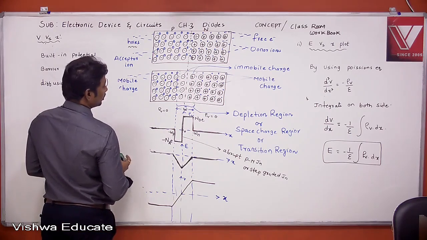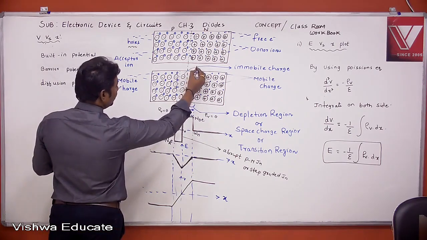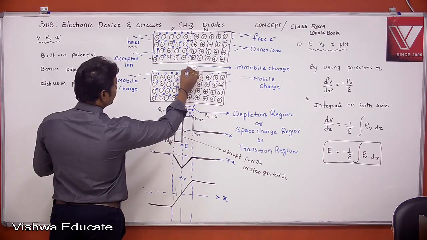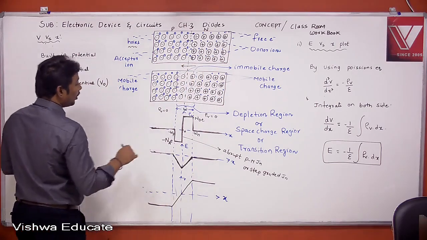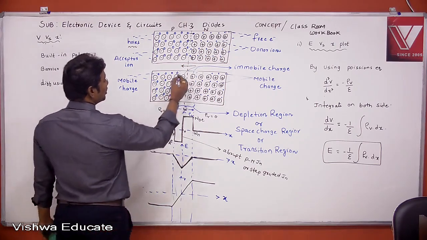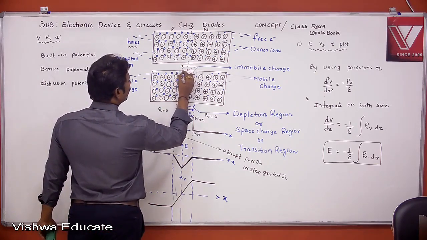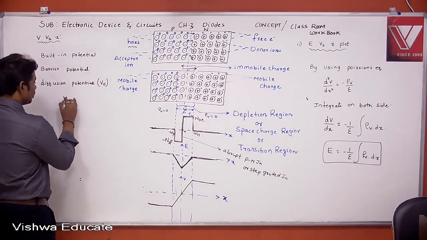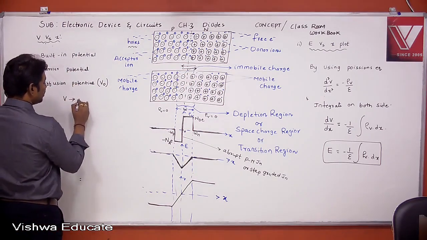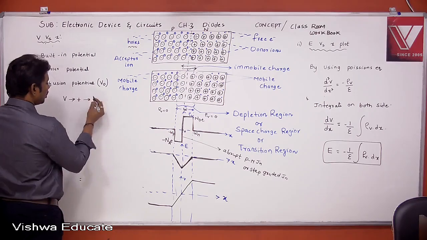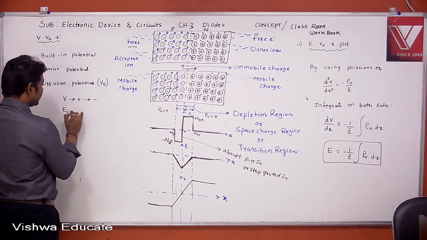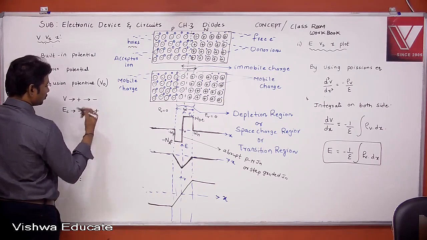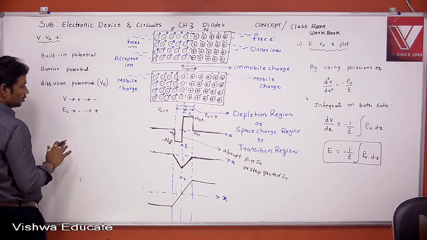In open circuit condition, the direction of the potential is positive to negative, right? Then the energy varies from negative to positive. That means both will be opposite. If the potential direction is positive to negative, then the energy direction is negative to positive, right?